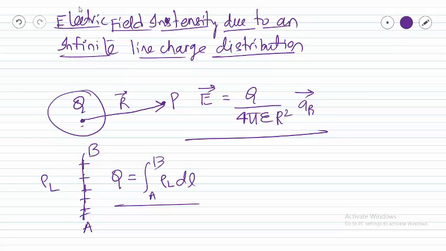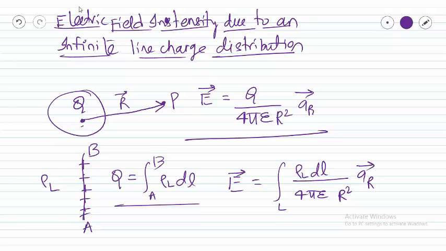In that case the electric field at a point P due to this line charge distribution is given by integral over L rho L dl by 4 pi epsilon r square a r bar, where r is the vector drawn from the reference point of the line charge distribution to the point P where we would like to find the electric field intensity.